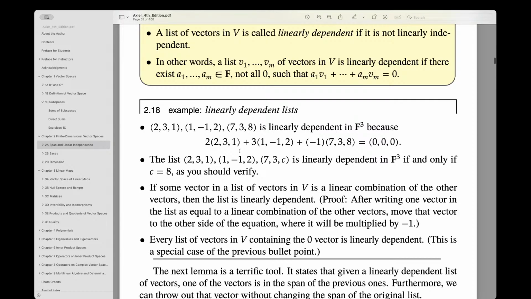The idea is that since this list is linearly dependent, we apply the definition and conclude that we have coefficients that aren't all 0 such that they sum up to 0. So we want to take the largest k, the last k in the list, such that the coefficient isn't 0.